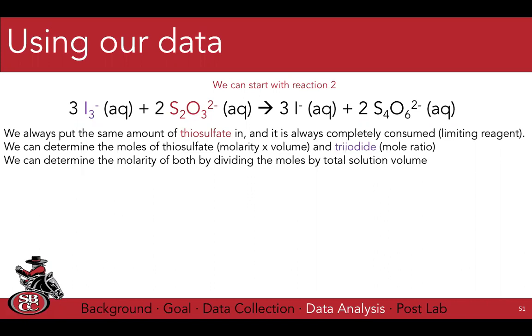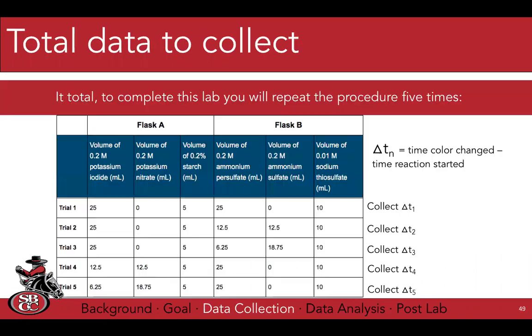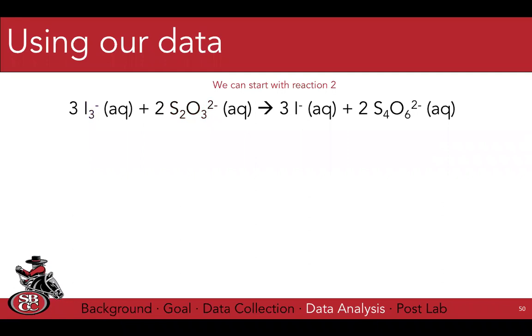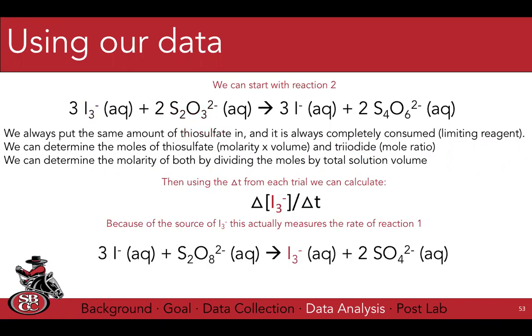And then, because all of this kinetic math is in molarity, we can determine the molarity by dividing those moles from the thiosulfate and the triiodide by the total volume, by simply adding up all of the volumes that are in both of the flasks, because they're all mixed together when the reaction goes. 65 mL.